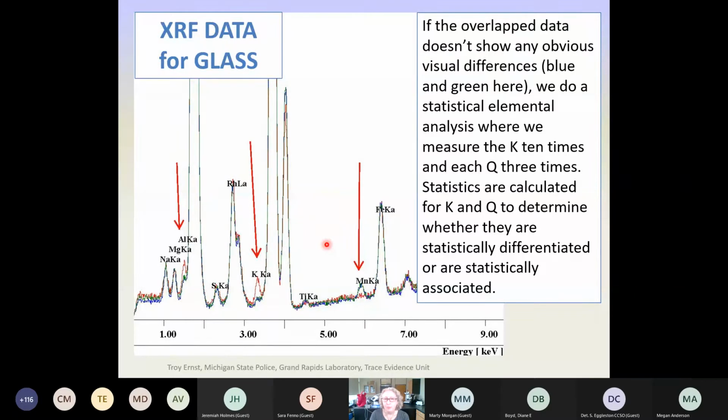But if the lines overlap pretty closely, then we will proceed to do further analysis using the XRF, where we measure each sample multiple times and then do some statistical calculations to do the comparison so that it's less subjective, just me or Carly looking at the data. We've actually calculated some standard deviations and some means and so forth to follow the standardized method for when we can say these 2 are different statistically or these 2 are the same statistically.